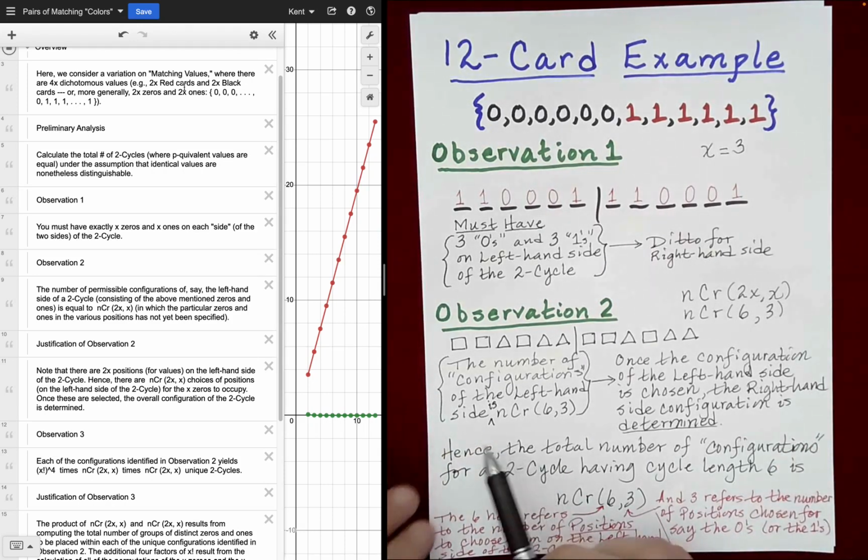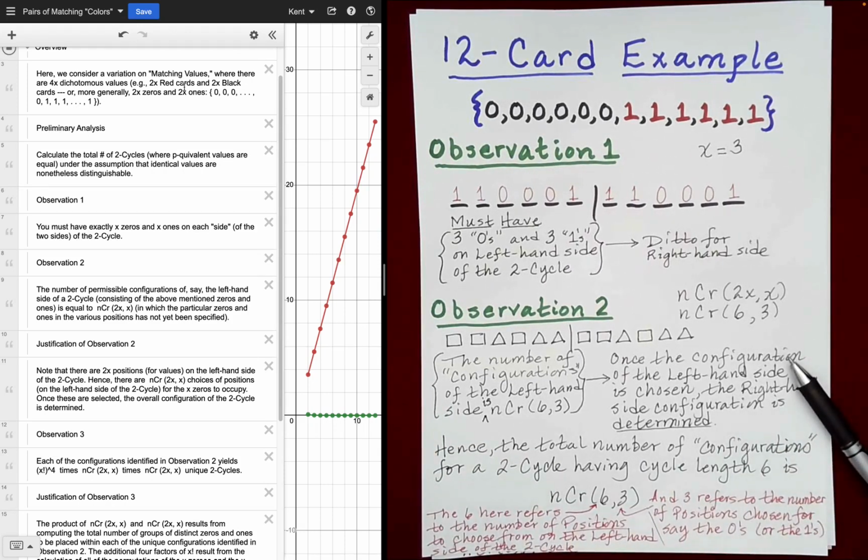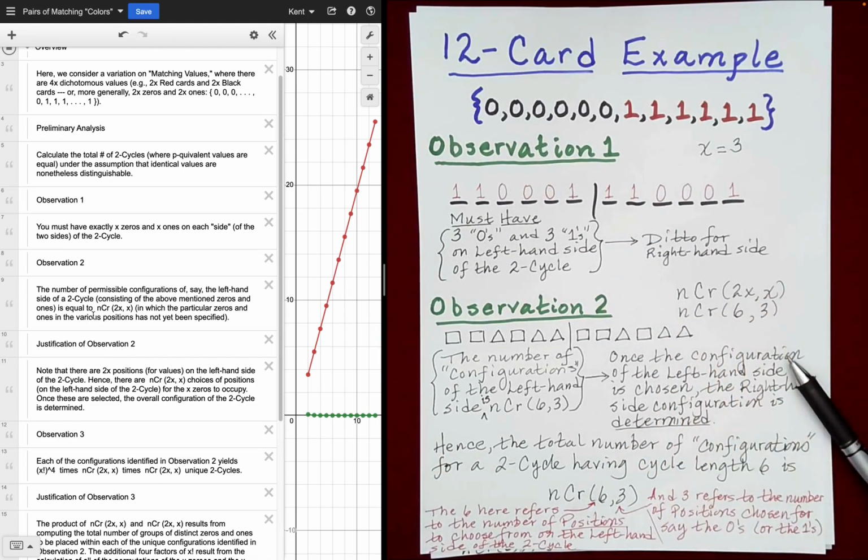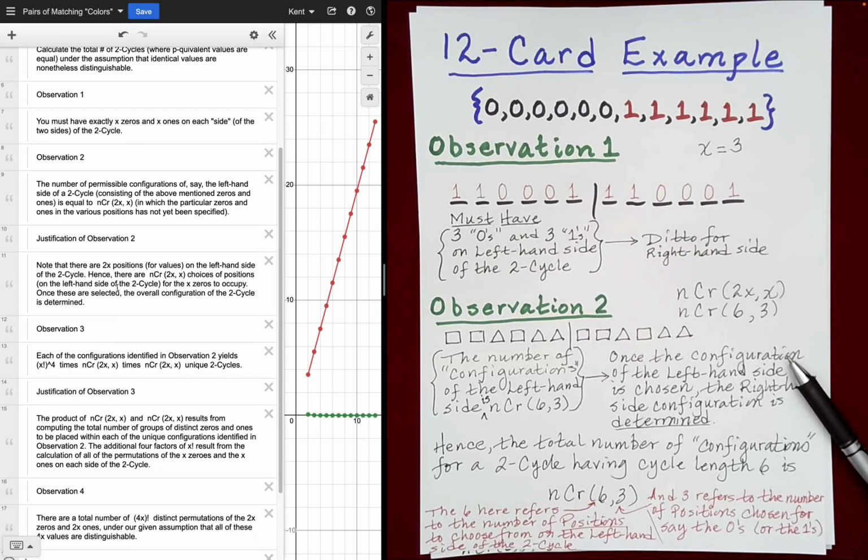So what I'm claiming here, and we can read it in the general case first: the number of permissible configurations, we'll have to define what that is, of the left-hand side of the 2-cycle is equal to this calculation here. Well, here's the justification. Note that there are 2x positions for these values to occupy on the left-hand side of the 2-cycle.